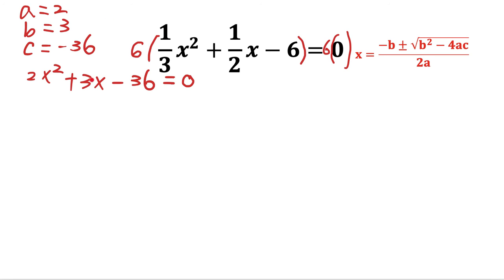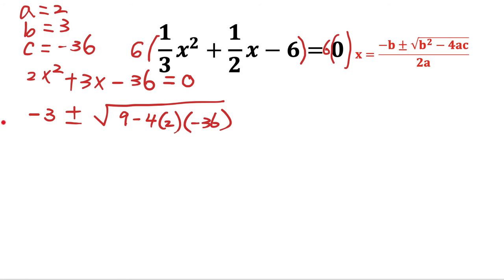We can use the formula now. Negative b is negative 3, plus or minus root of b squared, which is 3 squared, so 9, minus 4 times 2 multiplied by negative 36, all over 2 times 2, which is 2a, so 4.